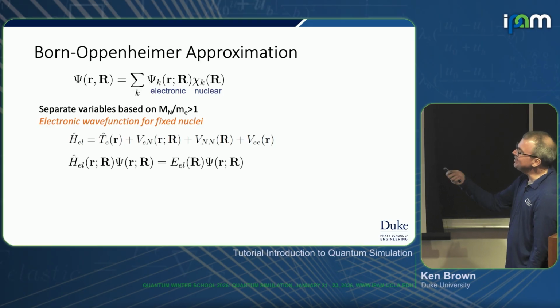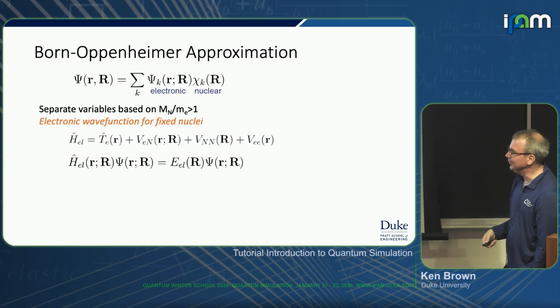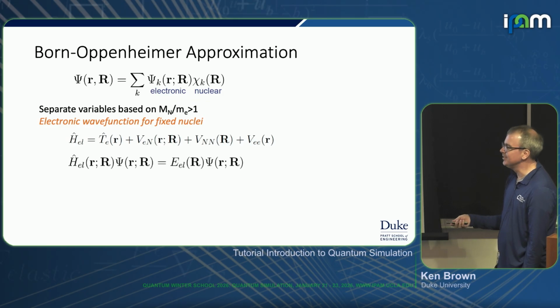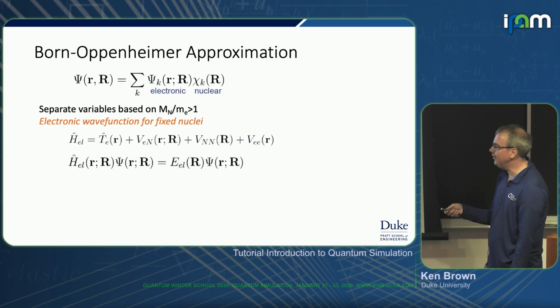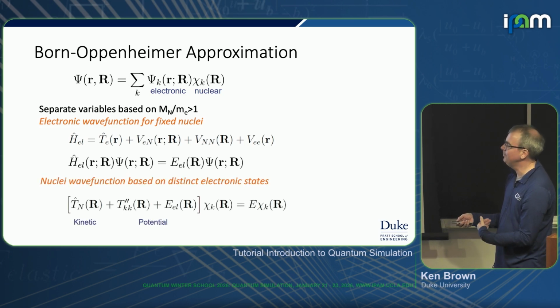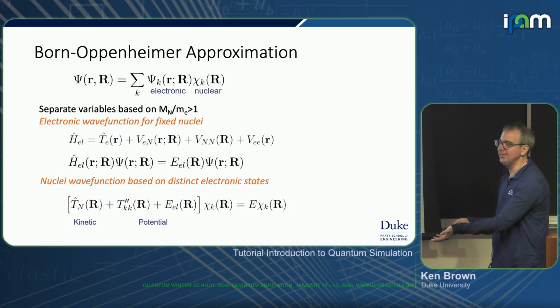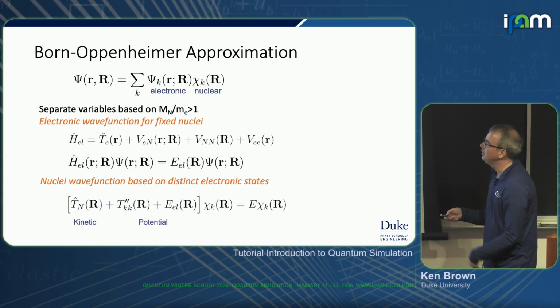The idea is that the nuclei move slowly, electrons move quickly, and so we can do a separation of variables. And by doing that separation of variables, we assume the nuclei are fixed, we solve the electronic problem. And then after we solve the electronic problem, the electronic potential is something that the nuclei move around on.